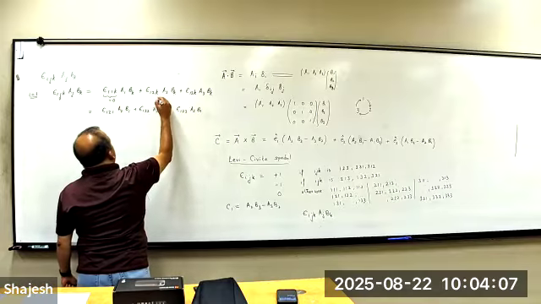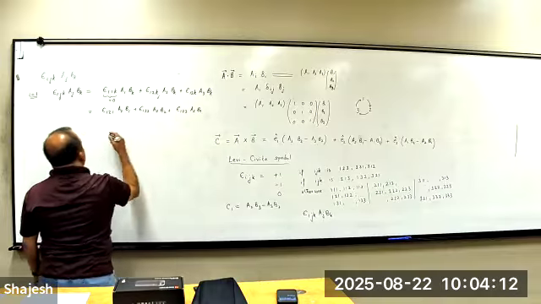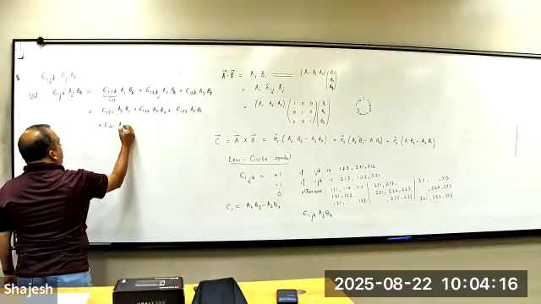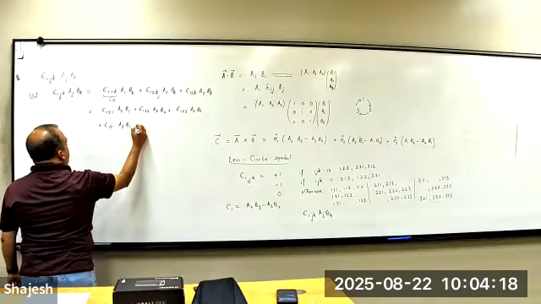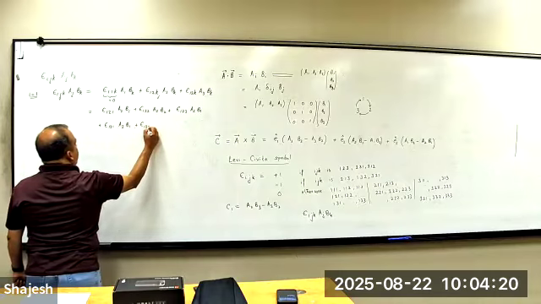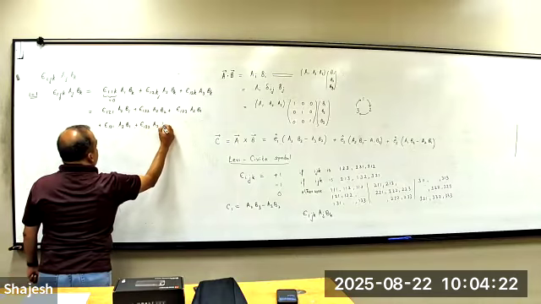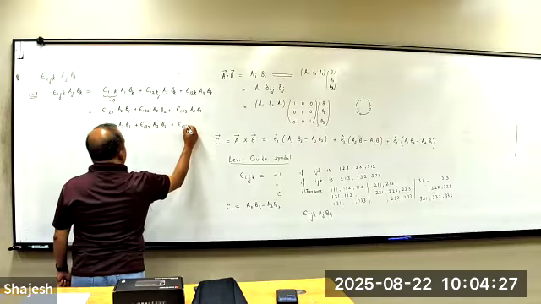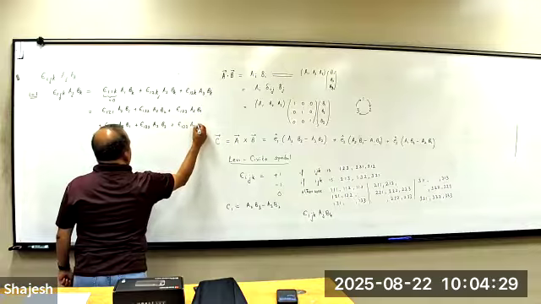So this is expanding this. Now I'm working on this, and next is this: epsilon 1 3 1 A3 B1 plus epsilon 1 3 2 A3 B2 plus epsilon 1 3 3 A3 B3.